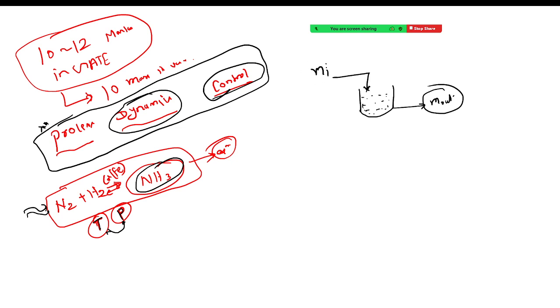How can we relate mass in and mass out with respect to time? If I apply a material balance, mass flow rate in minus mass flow rate out equals d by dt of the mass accumulated inside this particular system, right?